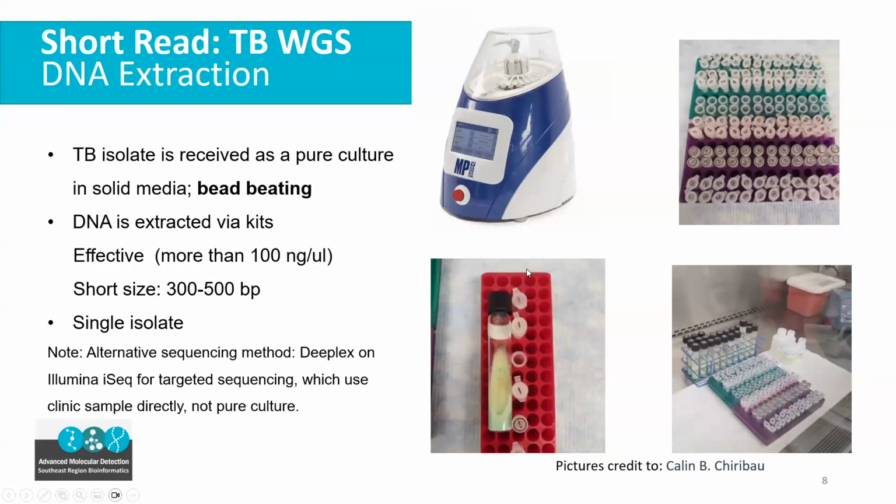And normally the concentration of DNA after extraction is more than enough for the sequencing. So in this procedure, it's not critical to control the size and the concentration. Here to mention, there's also an alternative sequencing method using Deeplex to detect 18 known resistance genes, which uses clinical samples directly instead of pure culture by targeted sequencing.